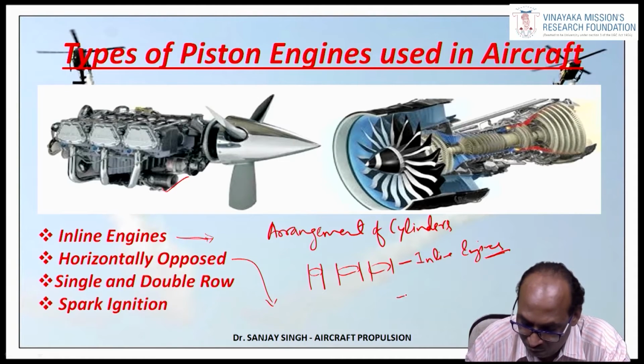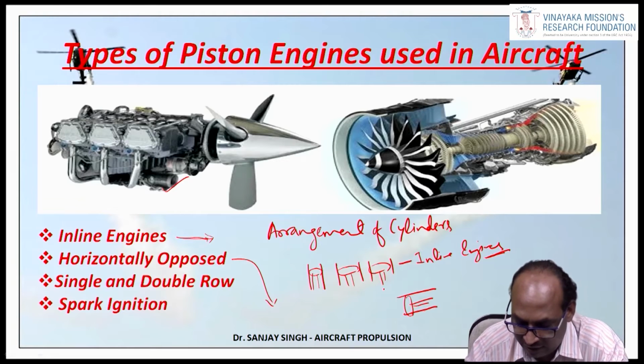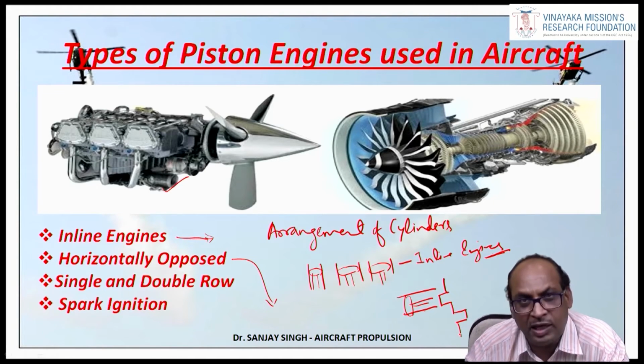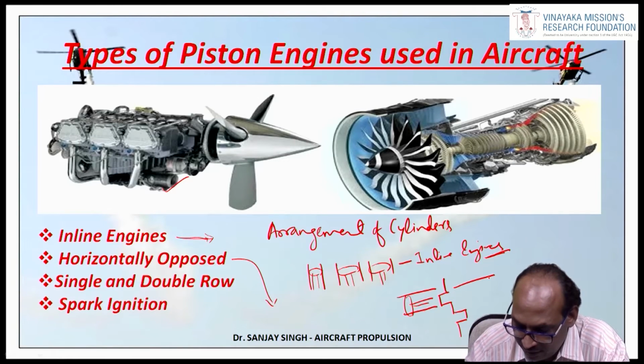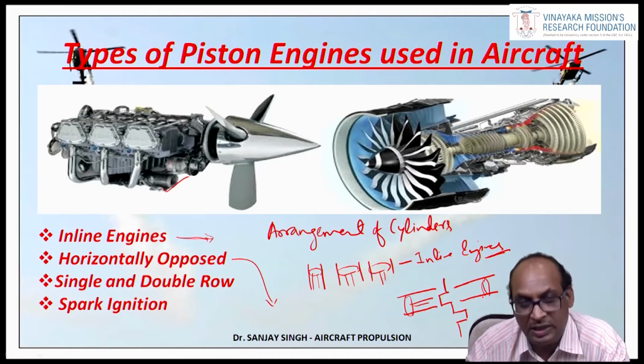Here one cylinder will be at this particular point. I am showing this piston. These are the piston and connecting rod, and in between the crankshaft will be there, and then another cylinder will be attached on the opposite side.